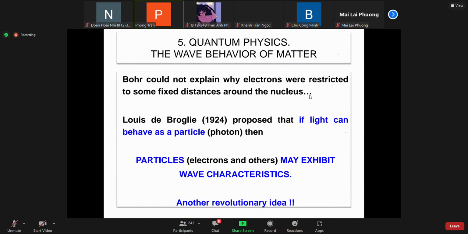So we can also imagine that a moving particle can behave as a wave. Remember, Louis de Broglie mentioned this because an electron is a pointless particle with no dimension. So if an electron moves as a particle, we can imagine it can also behave like a wave. That is the main idea proposed by Louis de Broglie.